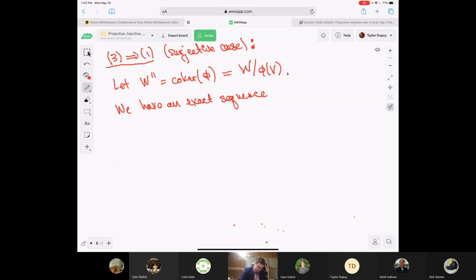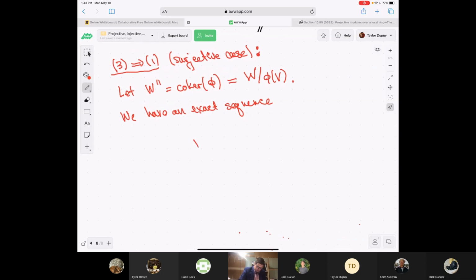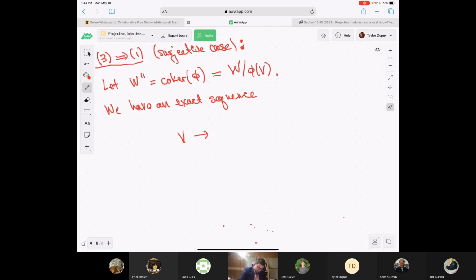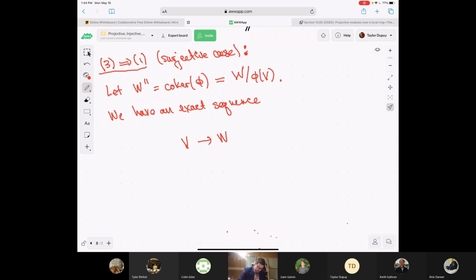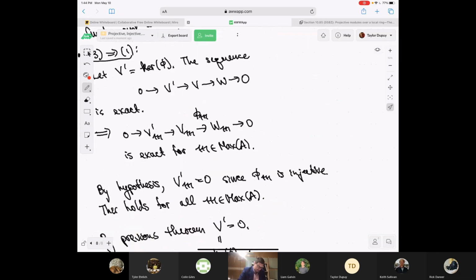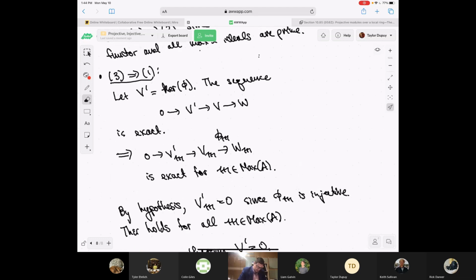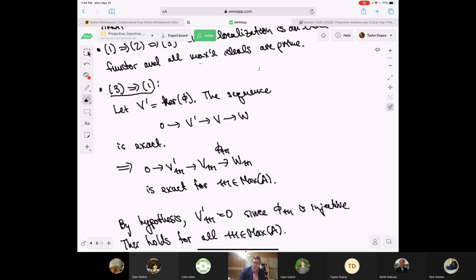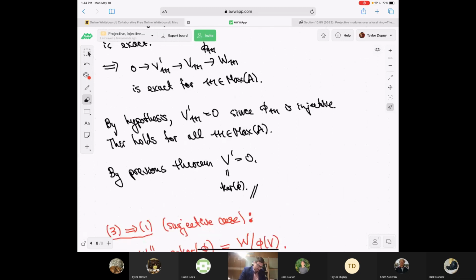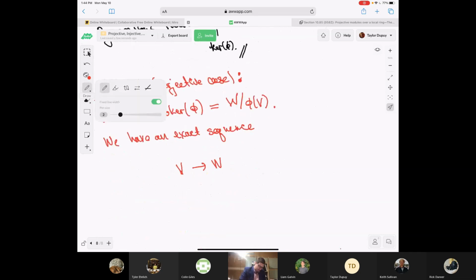So we had V to W. Oh, you know what? I didn't really have this part of the sequence here. Sorry. We only had that it was injective. We didn't have that this map was surjective, so I shouldn't have written that other end.